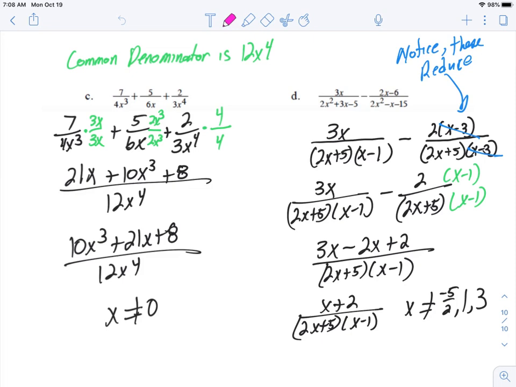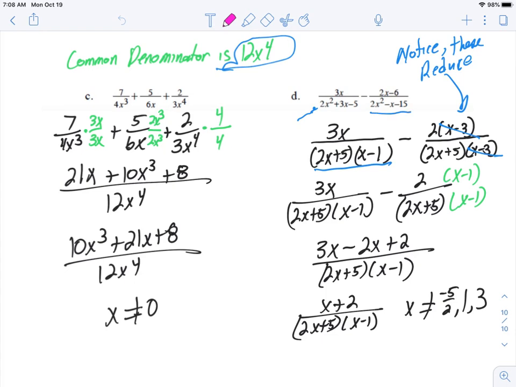Okay, welcome back. You can take a look at part C. Your common denominator happens to be 12x to the 4th, so you had to multiply by giant 1s to create that in the denominator of each of those rational expressions. Part D, when you factor the denominators in the first rational expression, your denominator is 2x plus 5 times x minus 1.